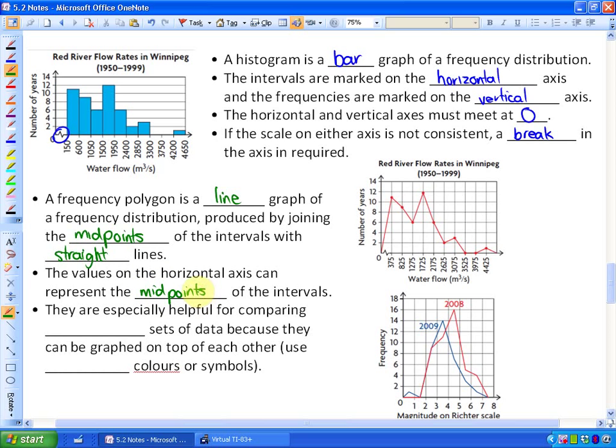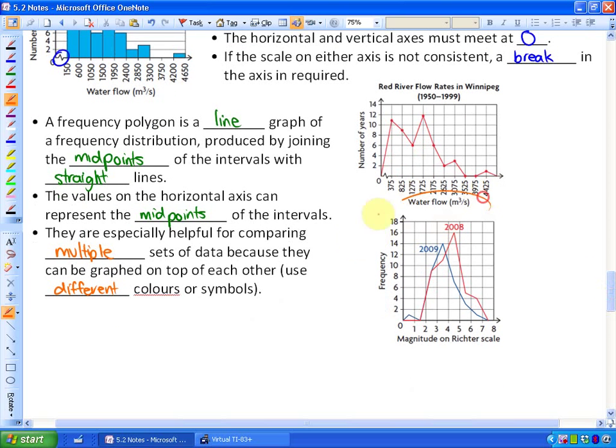Okay, line graphs are especially helpful for comparing, and here's an important thing because it's harder to do this with bar graphs, for comparing multiple sets of data because they can be graphed on top of each other. And what you should do is use either different colors or different symbols if you're doing a multi-layered line graph, such as this one. So it's very useful for showing multiple data.